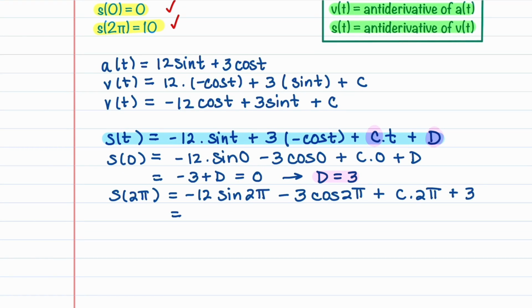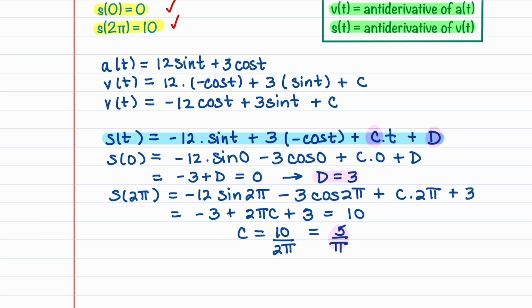Now let's see what this is equal to. Sine of 2 pi is 0, cosine of 2 pi is 1, so this is minus 3 plus 2 pi c plus 3, and that is equal to 10. The minus 3 and the 3 cancel, so we get that c is equal to 10 divided by 2 pi, which is just 5 over pi.